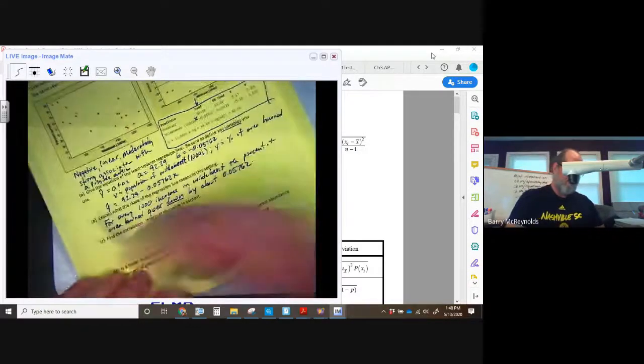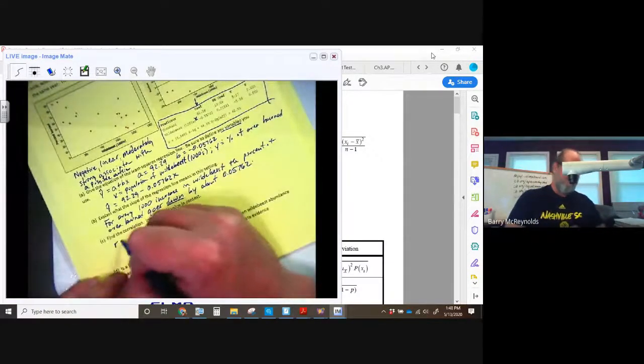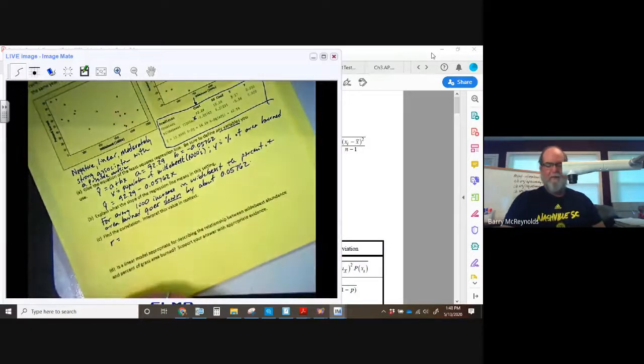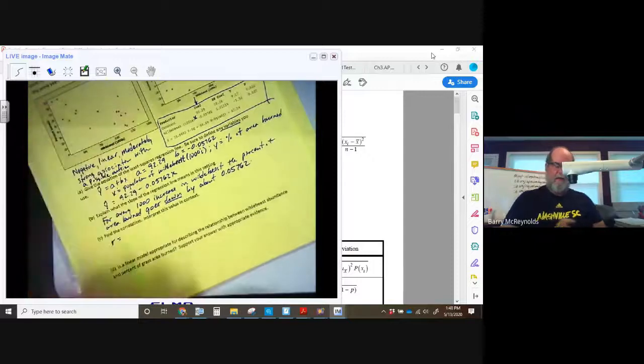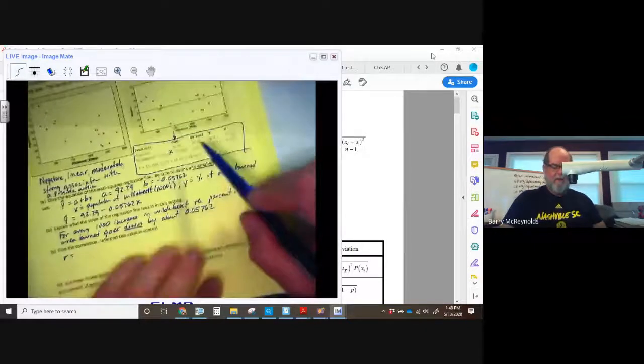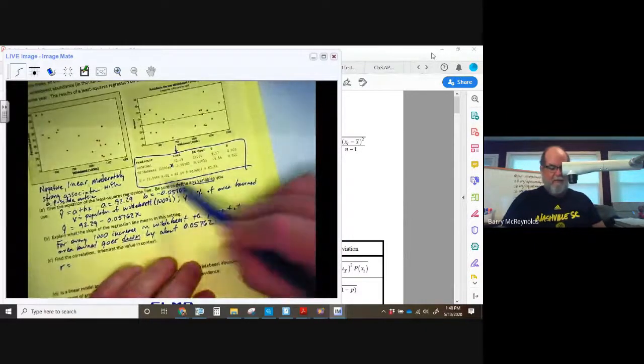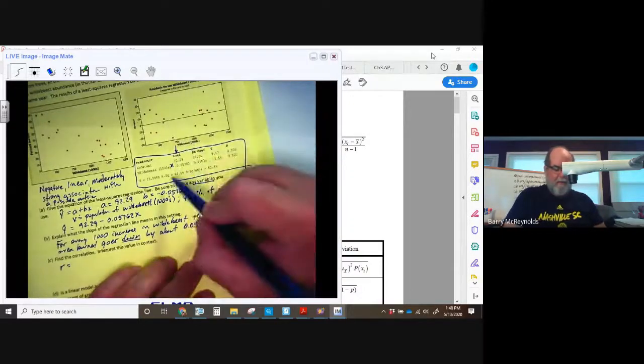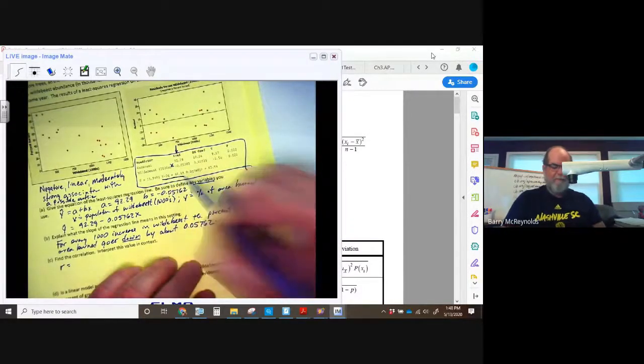Find the correlation. Okay, so the correlation we talked about earlier is a value of R, and it's going to be between -1 and 1. We expect it to be negative. But when I look at this data box here, I don't see an R, but I do see something called R².